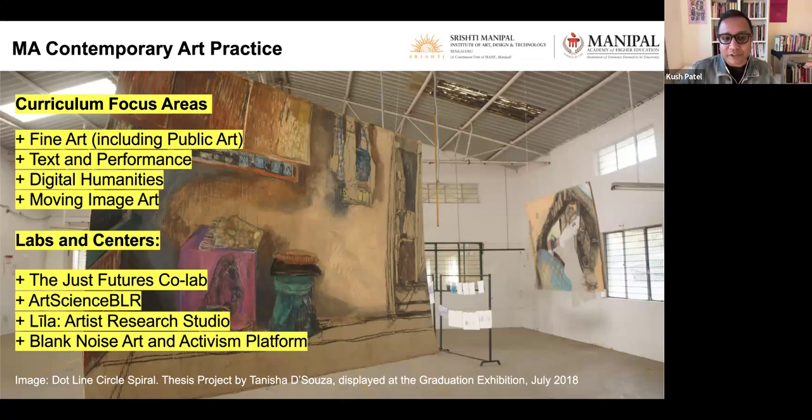Art Science BLR works around sound ecologies, again, thinking at the intersection of media, art, and technology. Leela Artist Research Studio is focused around much more contemplative ways of positioning oneself in relationship to the world and the environment. And then Blank Noise, which is an art and activism platform, explicitly focusing on relationship of gender, activism, and art. Next slide, please.